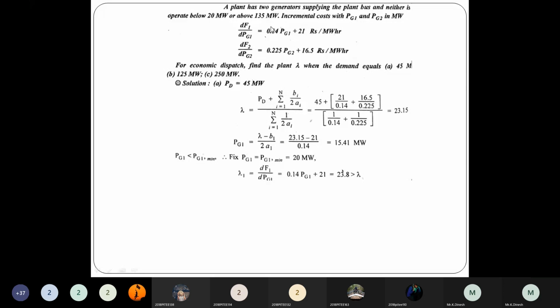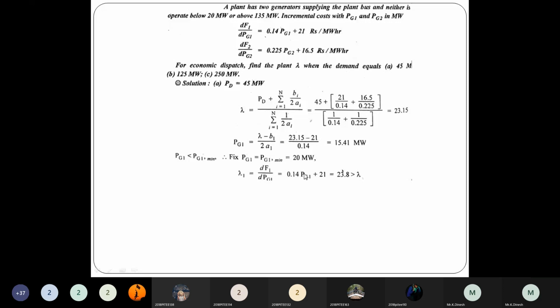So the minimum and maximum values are given. The incremental costs with PG1, PG2 in megawatts: we have two fuel costs, dF1 by dPG1 equal to 0.14 PG1 plus 21 rupees per megawatt hour, and dF2 by dPG2 equal to 0.225 PG2 plus 16.5 rupees per megawatt hour. For economic dispatch, find the plant lambda when the demand equals 45 megawatt, 125 megawatt, 250 megawatt.